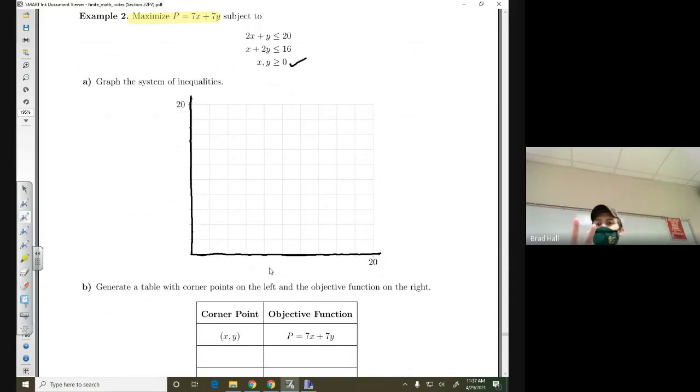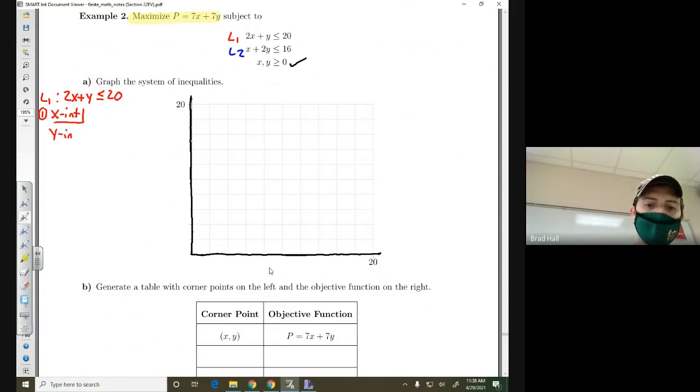Now we have two non-trivial inequalities. I'm going to give them a little bit of labeling: L1 and L2. I'll start off with L1. The X-intercept and the Y-intercept.